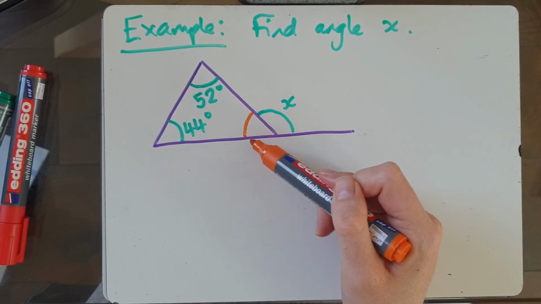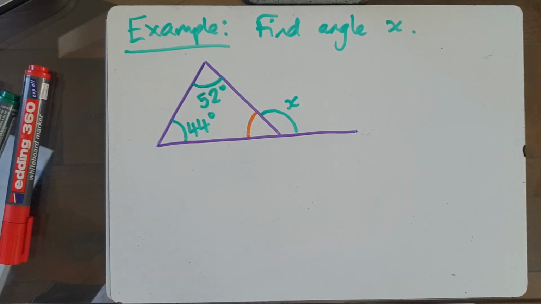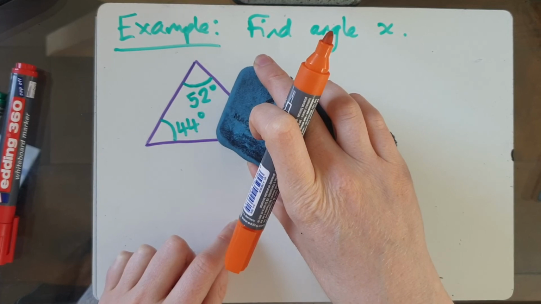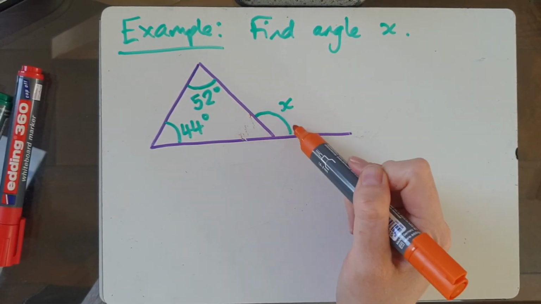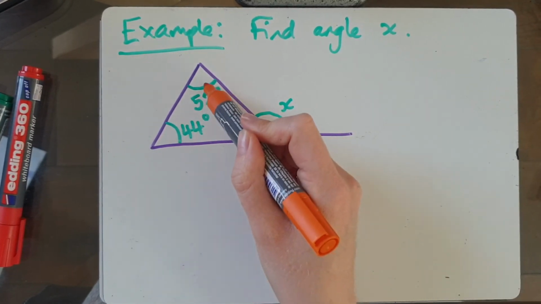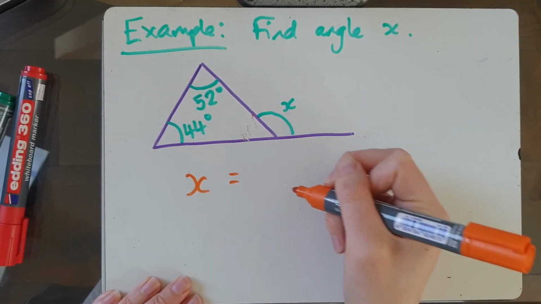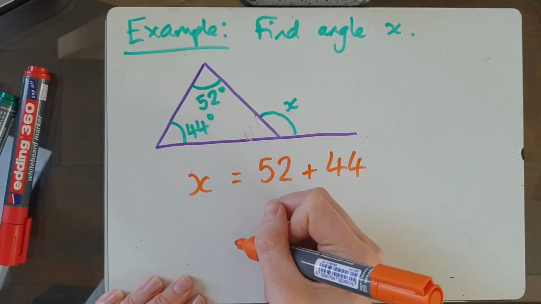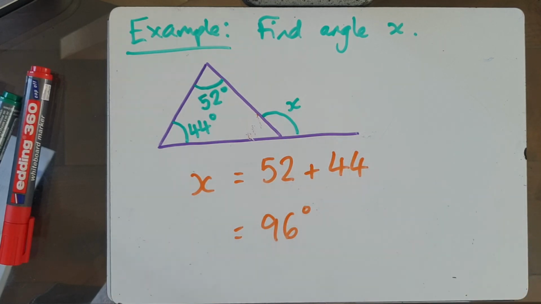And then I could take this away from 180 because it lies on a straight line with X. However, that is extra work that I don't need to do because based on what we just said, this angle X is equal to the sum of the two opposite interior angles. So X is simply equal to 52 plus 44. So X is going to be 96 degrees.